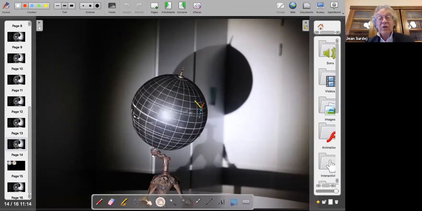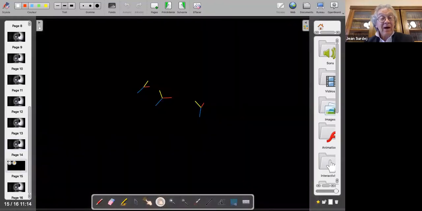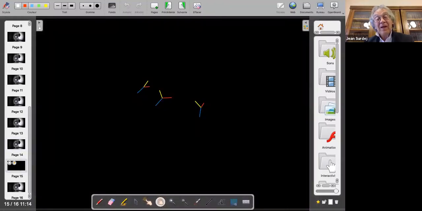Now, what is shown on the next slide are these three projected baselines seen at three different times by the star.